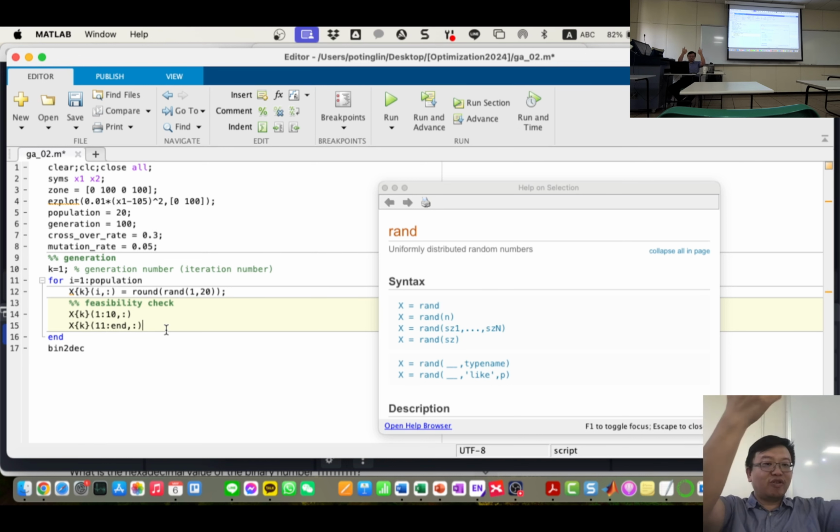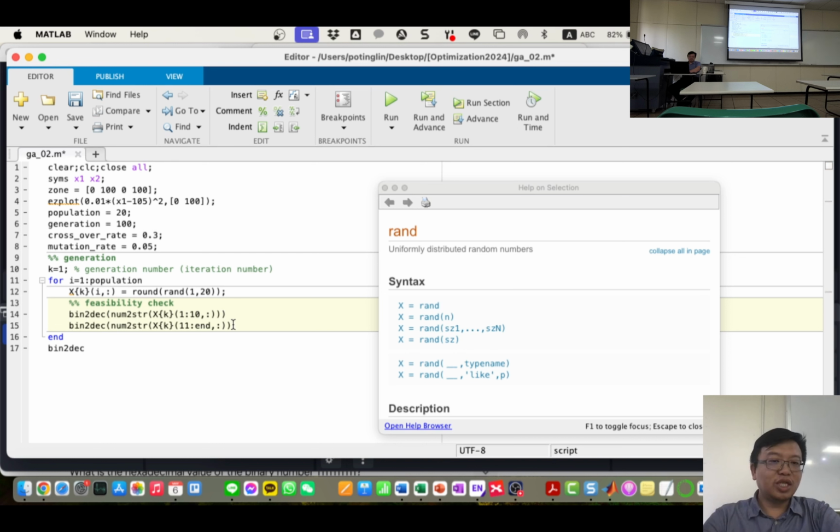So I need to convert, basically it's a string of 0 and 1. I will have number to string. So it will become a string, basically characters. Then I need to do binary to decimal. That will convert the value to from 0 to 1023.